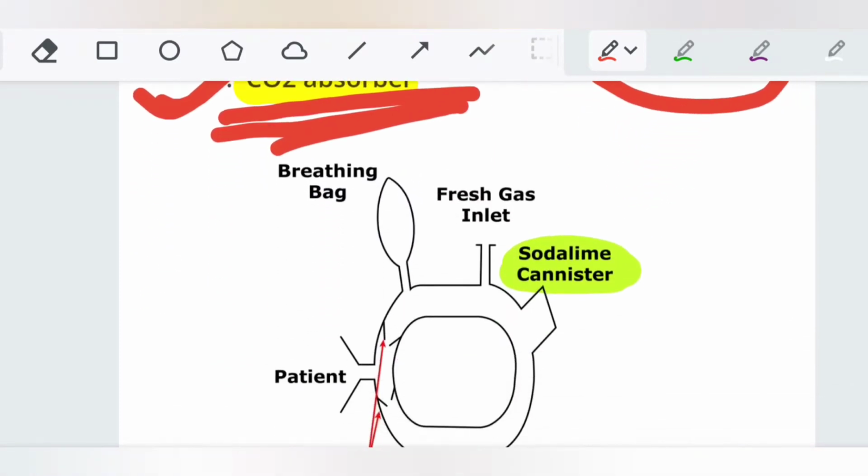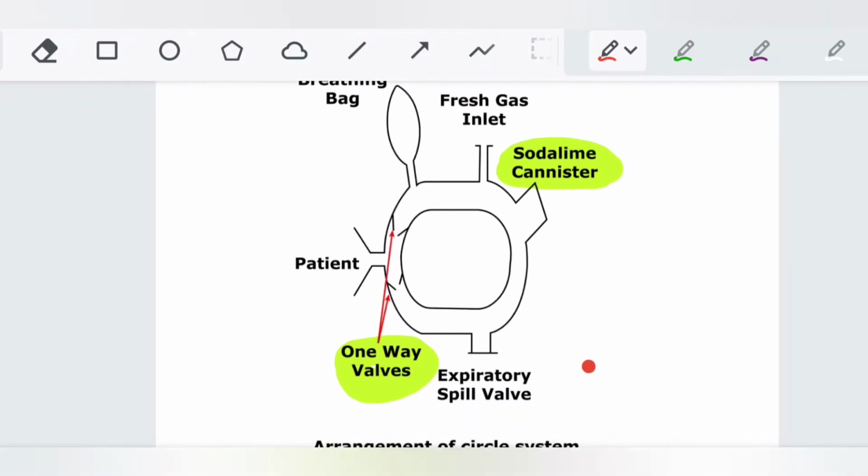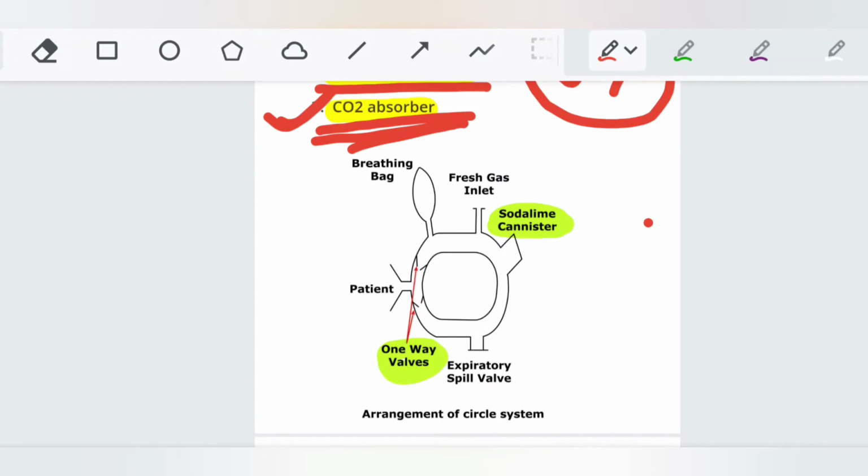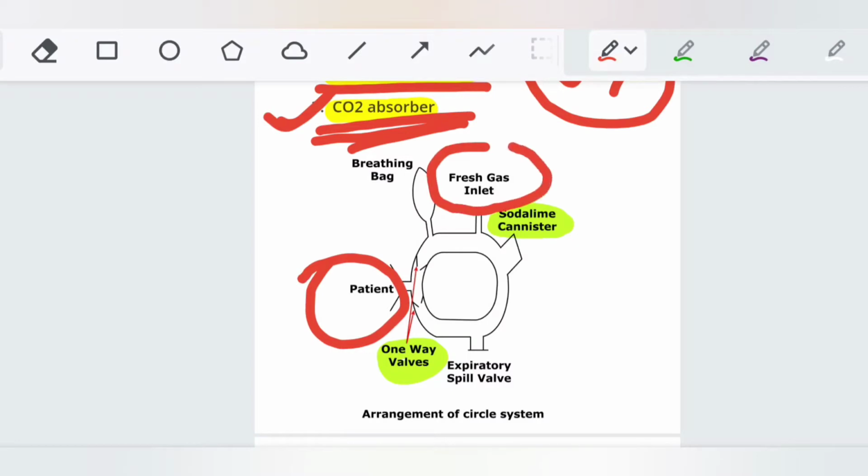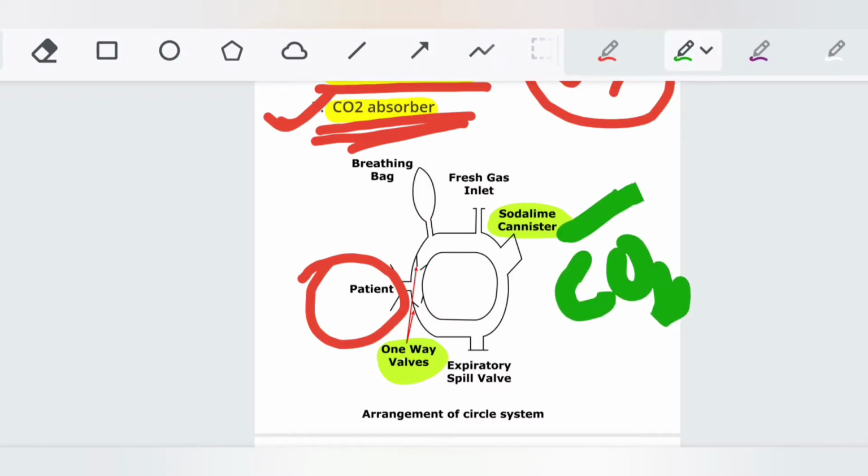Here is an arrangement of a closed circuit. Here will be the patient and here is the fresh gas inlet. Now this is the soda lime canister, that is the CO2 absorber. And here the valves are there. These will be one-way valves, to facilitate the entry of gas only in one direction.